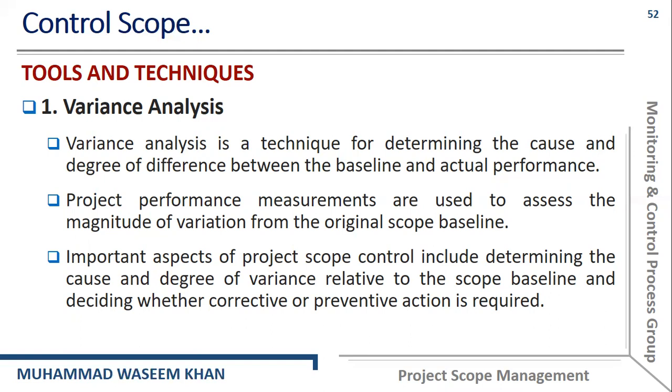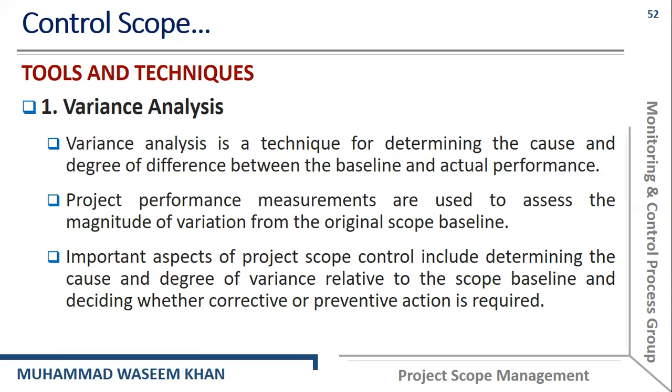The baseline is the target value, and actual performance is the current performance of the project. So we use variance analysis to determine the cause and the degree of difference between the baseline and actual performance.